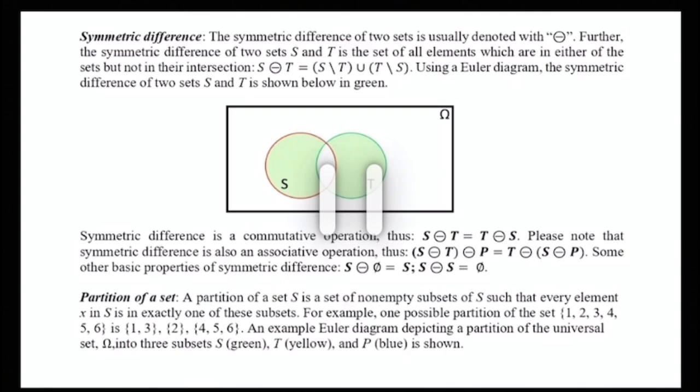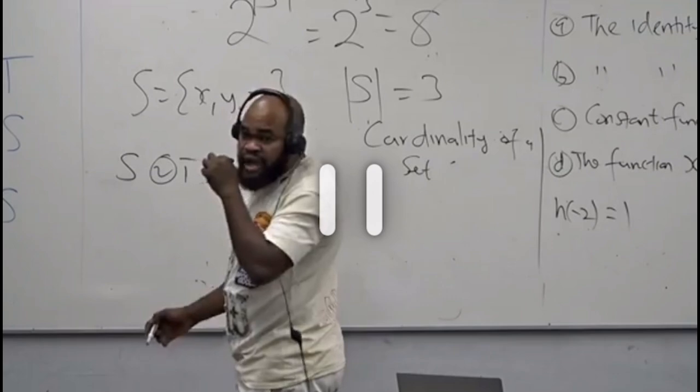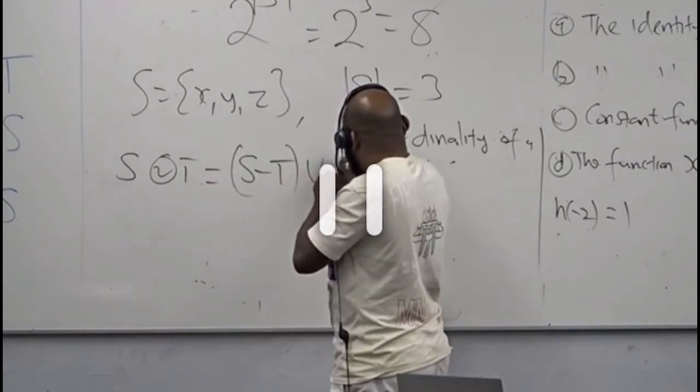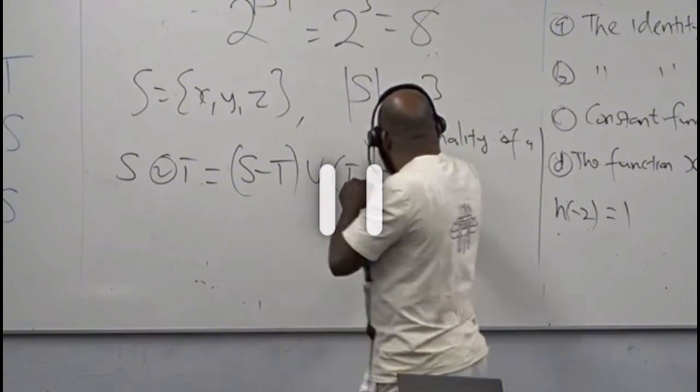Now, we also talk about symmetric difference. If you want to talk about symmetric difference, this is what you're going to do. Please pay attention. I want to talk about the symmetric difference between S and T. I'm going to find the union of the relative complements of that and that.